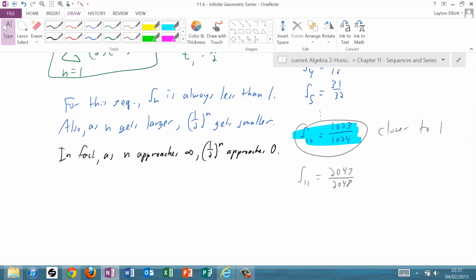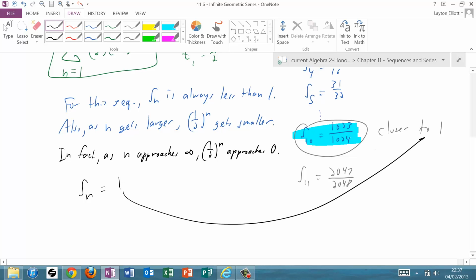So your terms basically become 0 as you get really, really large. So the sum, S of n, basically becomes something very, very close to the number 1. We could say the sum is 1. And instead of using an n, I'm going to use an infinity symbol to imply that we're talking about an infinitely large series.